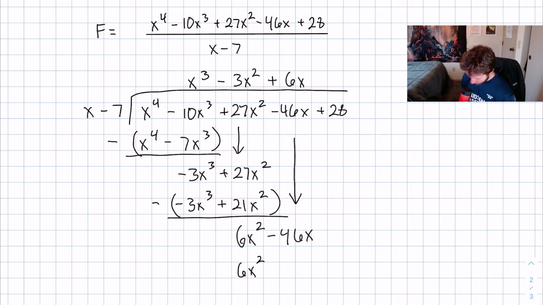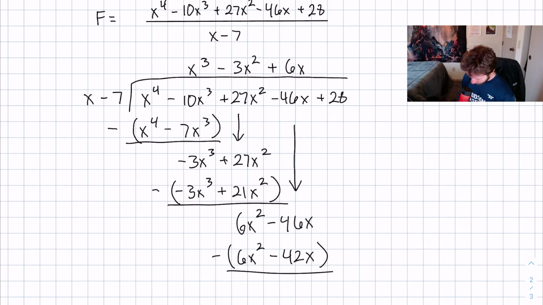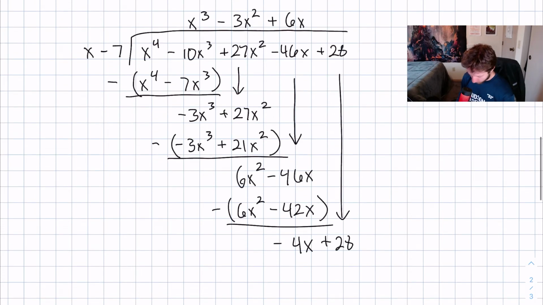Then multiply 6x times minus 7, which will be minus 42x. Put it in parentheses. 6x squares cancel, and then we get a minus 46x plus a 42x, which will give us negative 4x. Bring this 28 down. How many times does x go into negative 4x?